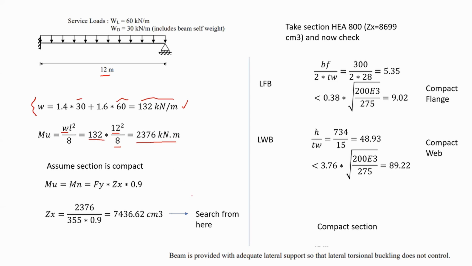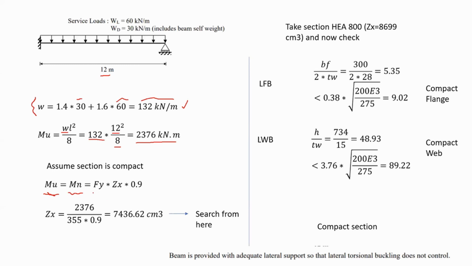Now, we have to proceed with an initial assumption that this section is compact. So I will assume that the section that I will pick is compact. And by that assumption, I'm allowed to use this equation. I'm going to say that the capacity of my member, Mn, is equal to the applied moment, the ultimate moment on the beam.